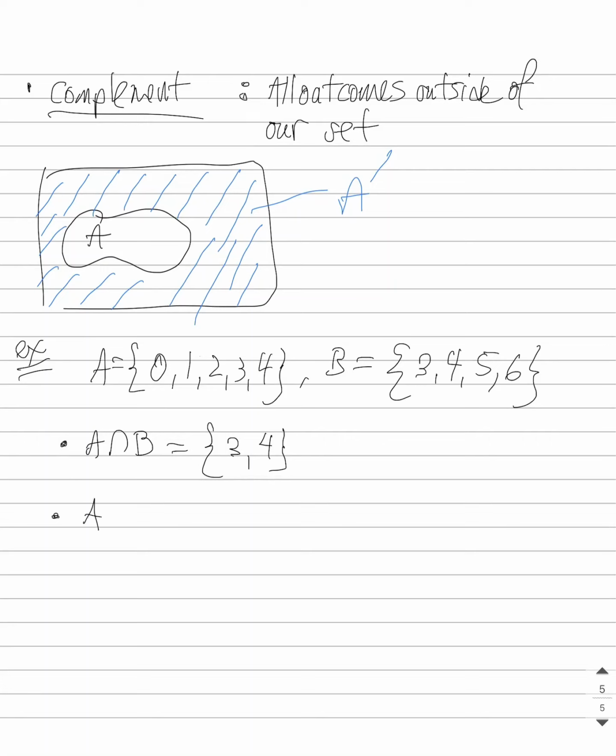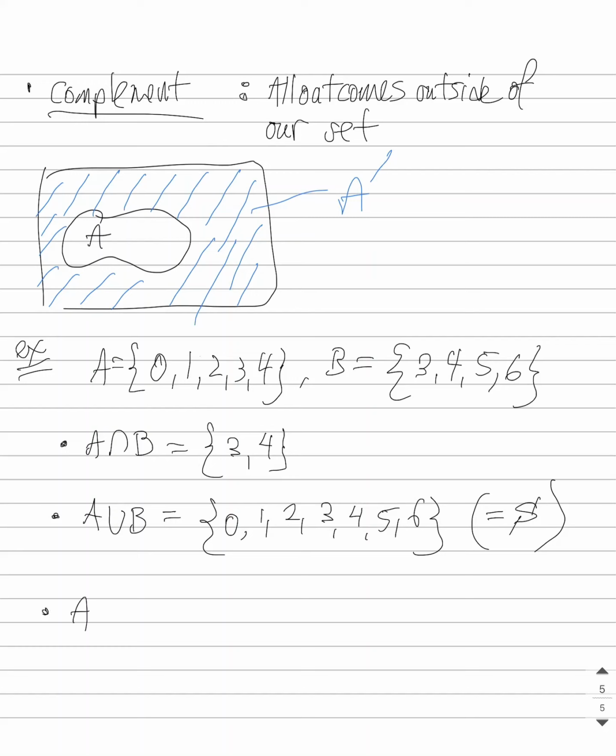If I were to ask you for A union B, I would say combine all the numbers from set A and combine all the numbers from set B, but don't double count any. Well, if I combine them all, I end up with this set. Now, if I were to define this to be the sample space, let's say this is all the things that I want.